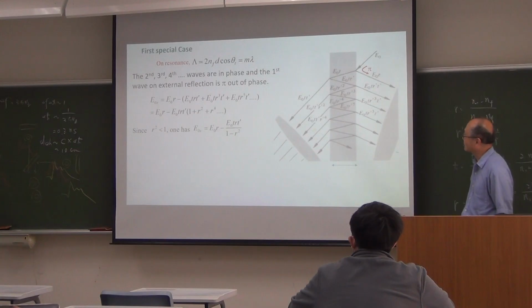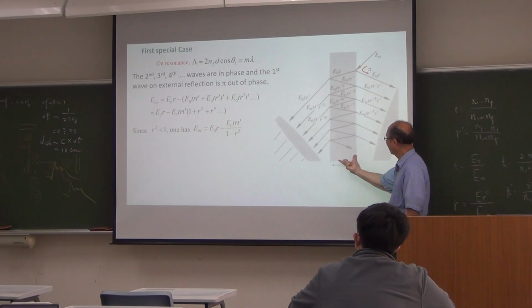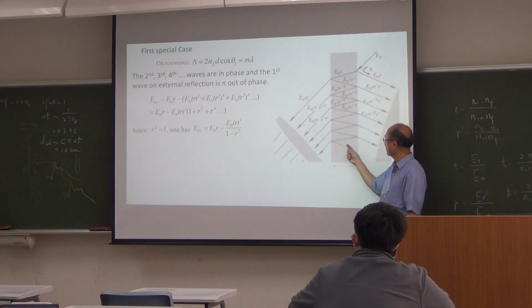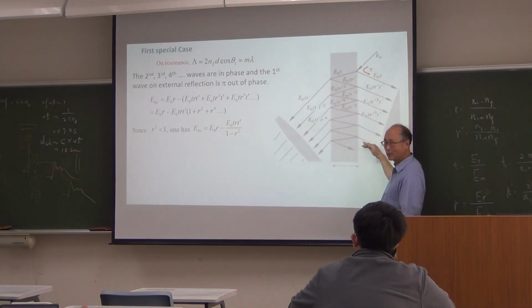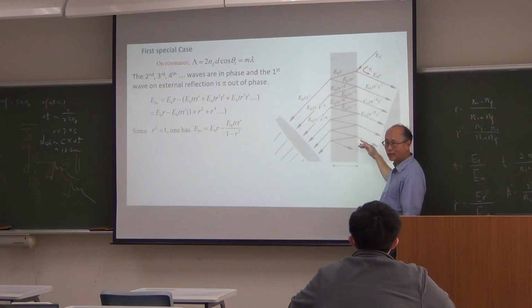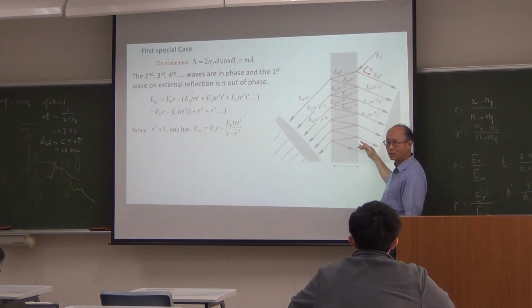When writing this, we assume that the optic path difference is integer multiple wavelengths. So let's set this reasonable condition, when the optic path difference between these two differs by 2 pi.